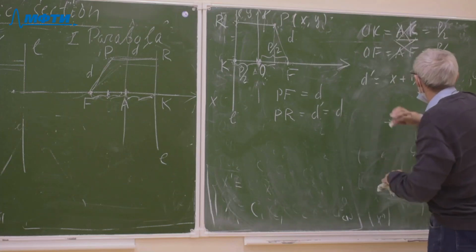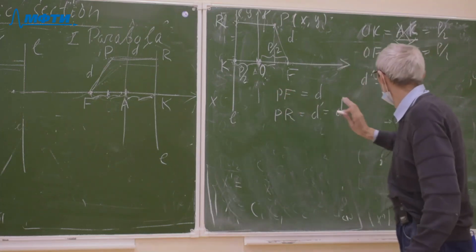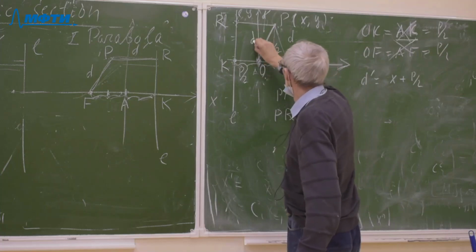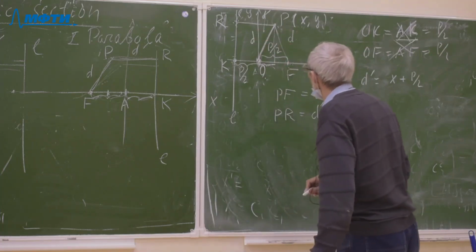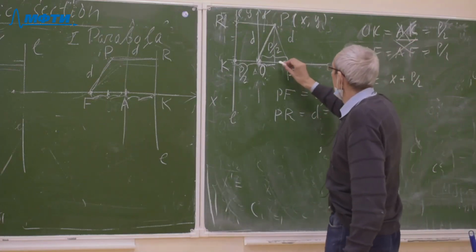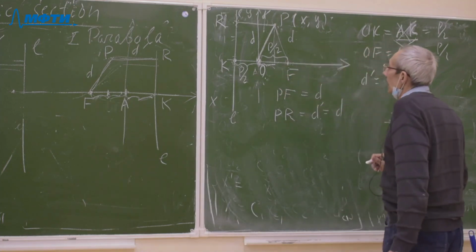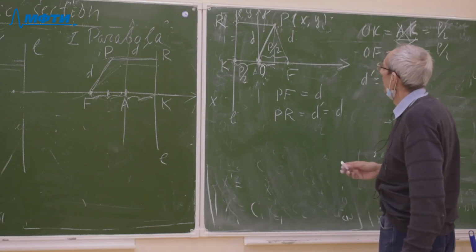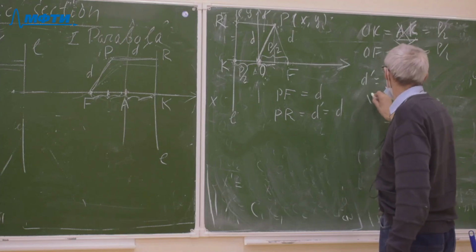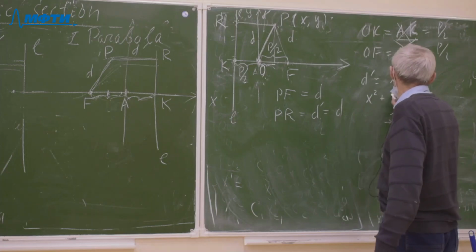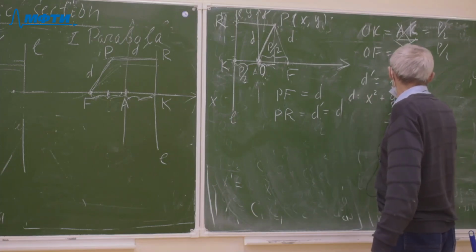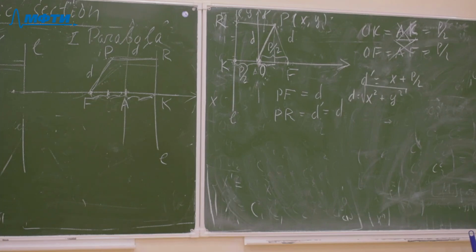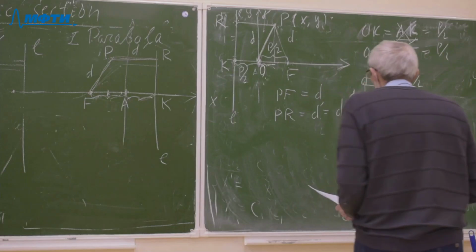And let's calculate the distance d. It is easy to see that d is equal to the square root of x square plus y square.